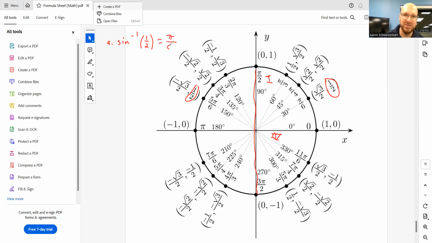It is not also 5π/6. Inverse sines or arc sines only give me values from quadrants 1 and 4. And we give these in quadrant 4 as negative angles. -π/6, -π/4, -π/3.